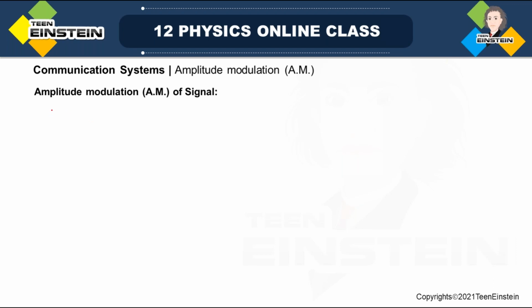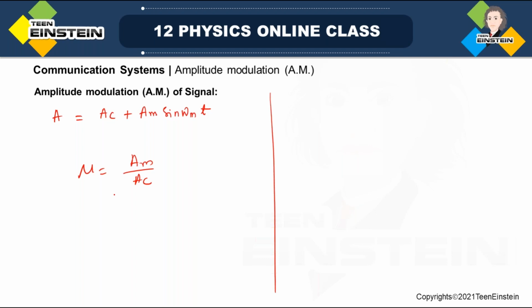So what we have got is the amplitude of the modulated wave as Ac plus Am sine omega m t. Now, what do we know about Am? Mu is equal to Am by Ac, right?